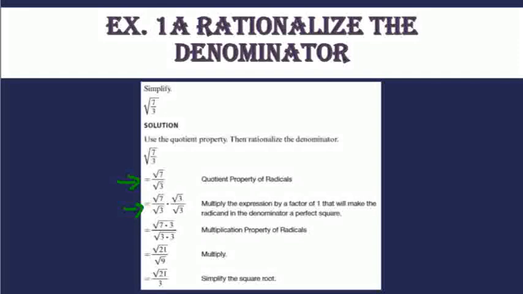And whatever they did in the denominator, they must do in the numerator. And so the square root of 3 times the square root of 3 is the square root of 9, which is 3. And then the square root of 7 times the square root of 3 is square root of 21. You cannot simplify that any further. So your answer is square root of 21 over a positive 3.